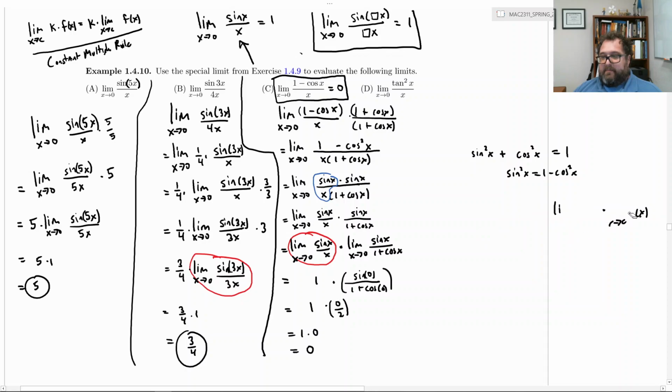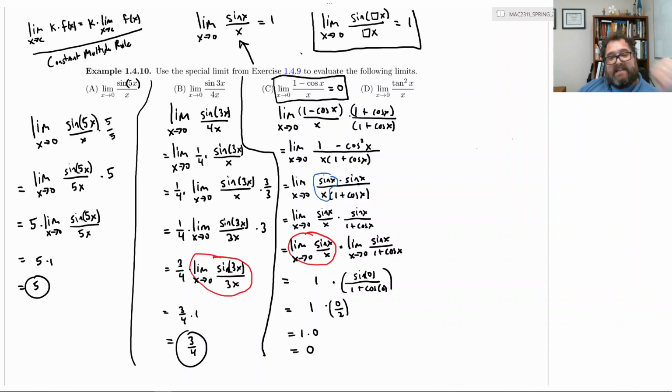All right, example D, we have tangent. Here's just a general rule of thumb. When you're doing limits and you see tangents, usually it's a good idea to rewrite in terms of sine and cosine. You know, what is tangent equal to? Tan x equals, just by basic trigonometry, sine x over cosine x.